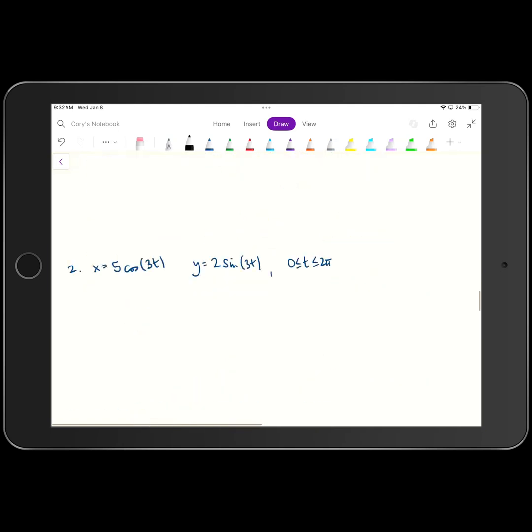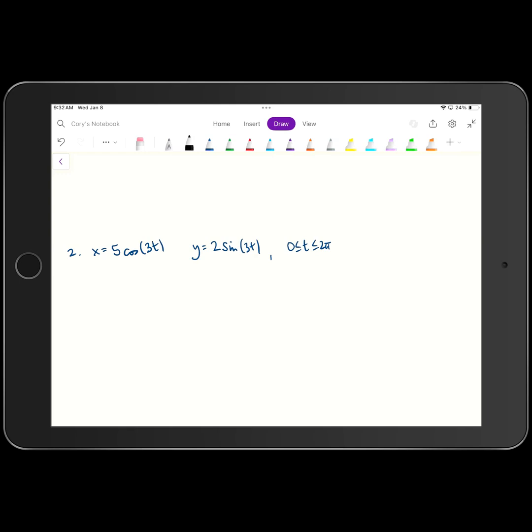Okay, let's take a similar example next, but we're going to tweak one thing about this example. And I want to see if you guys can figure out how that is going to affect the graph of your parametrically defined curve.